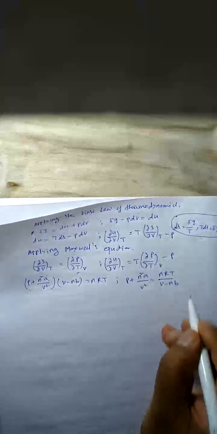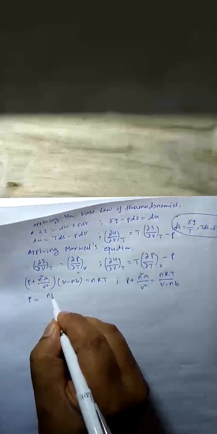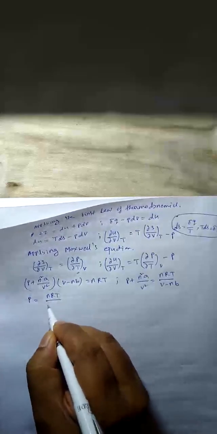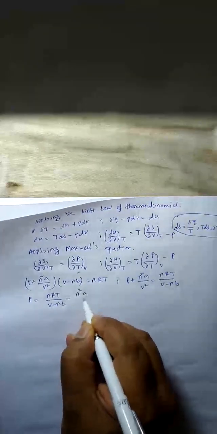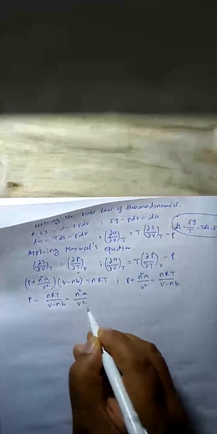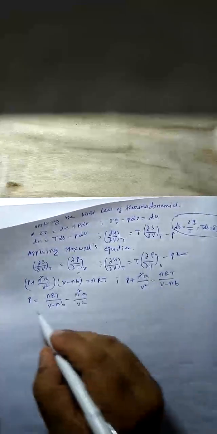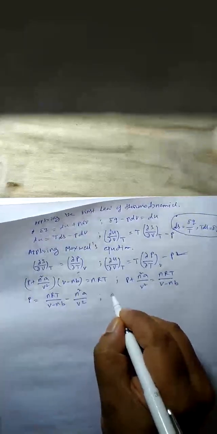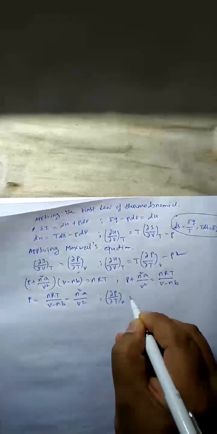Take this to the other side, we get P is equal to nRT/(V minus nb) minus n²a/V². We need ∂P/∂T, so differentiate with T, keeping volume constant.